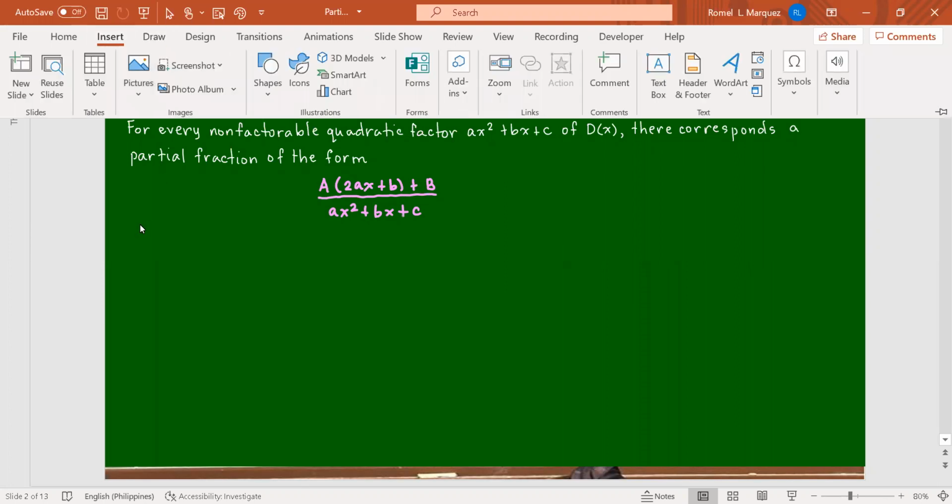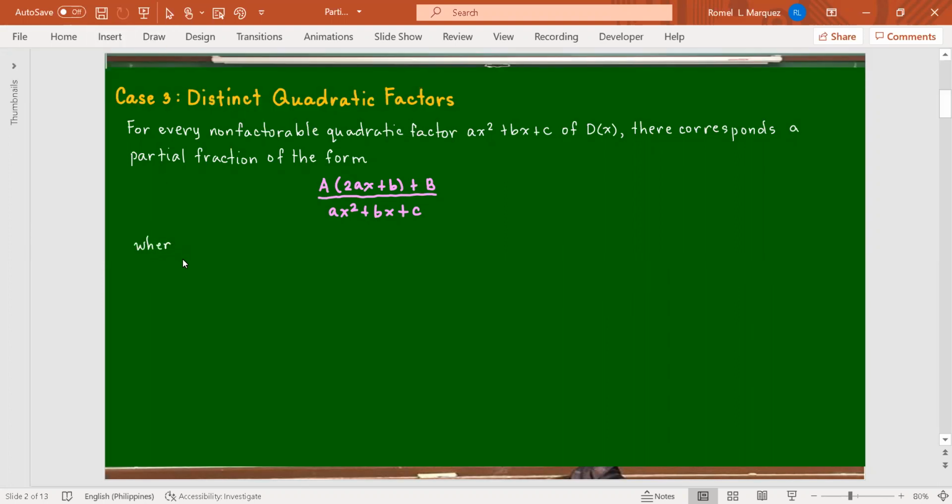So here, the arbitrary constants A and B are to be determined. Okay, guys?